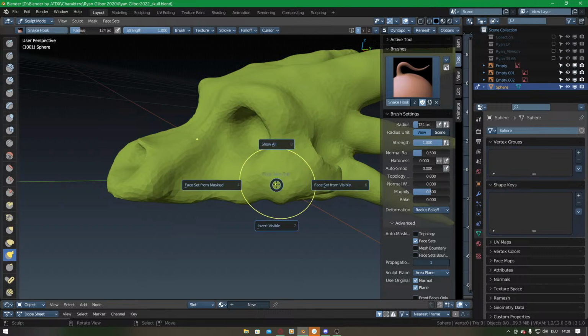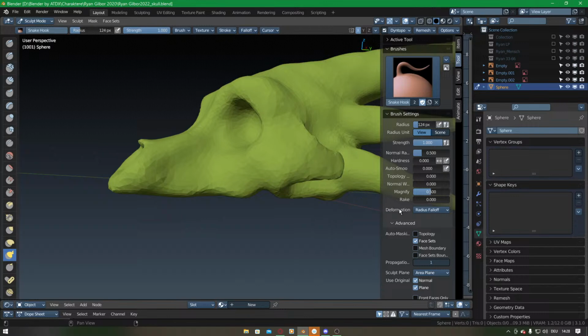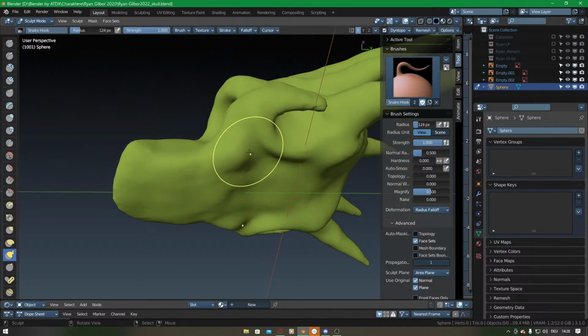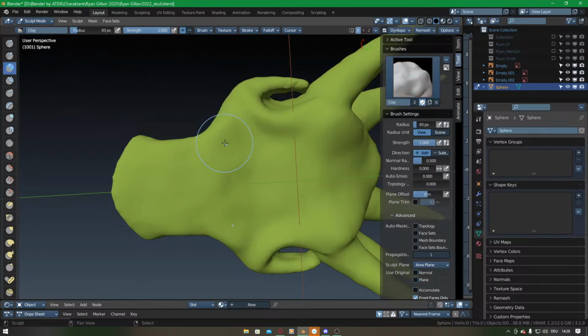Suddenly it is not smooth rendered anymore. Let's see. Hold on, what D was it? Okay.